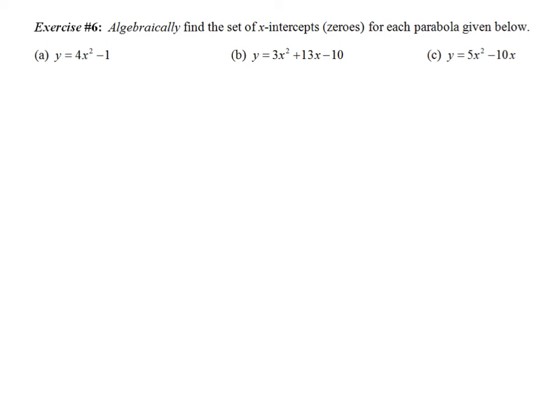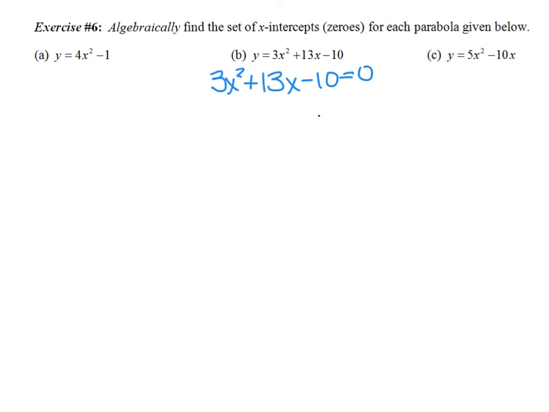In exercise 6, we want to again algebraically find those x-intercepts for each parabola. So let's do Part B together. I'm going to take my 3x squared plus 13x minus 10 and set it equal to 0. When I see that I have a coefficient in front of the x squared in this trinomial, that tells me I'm going to use my box method.